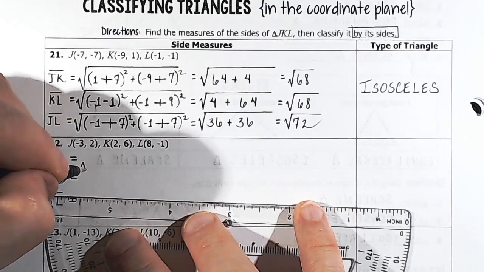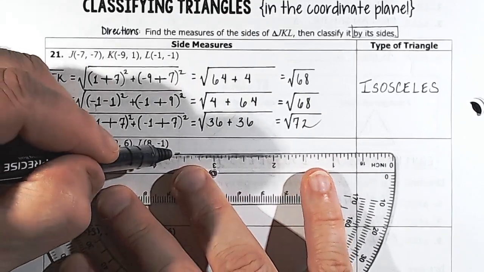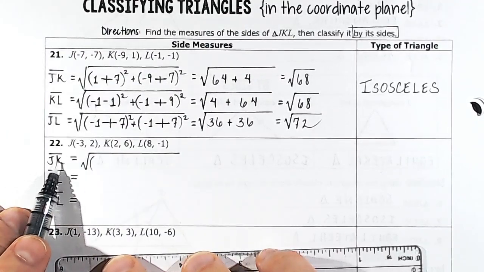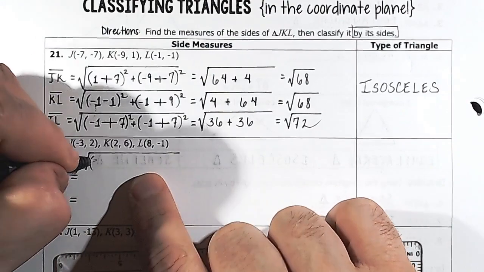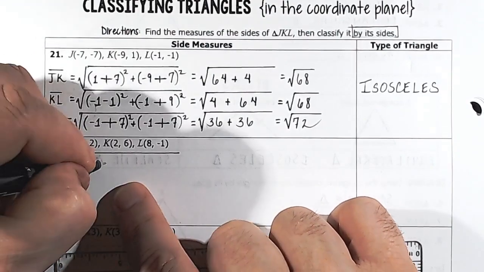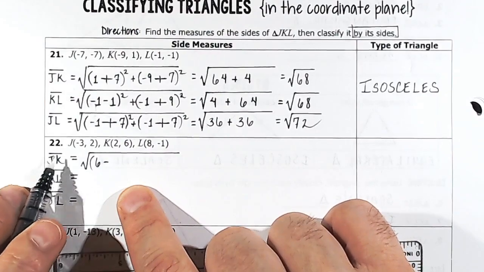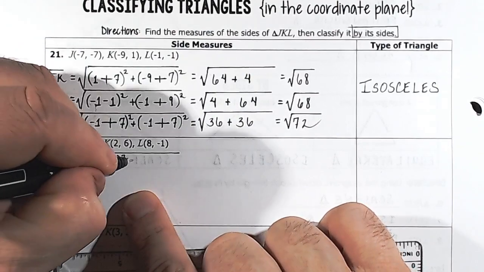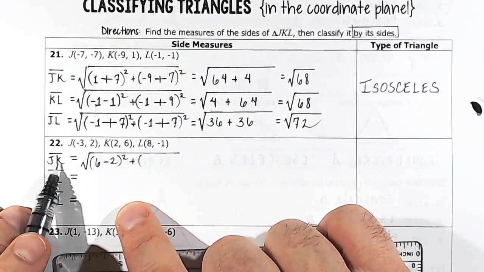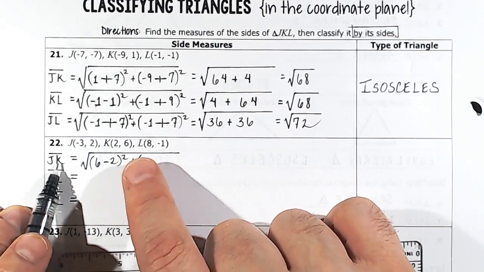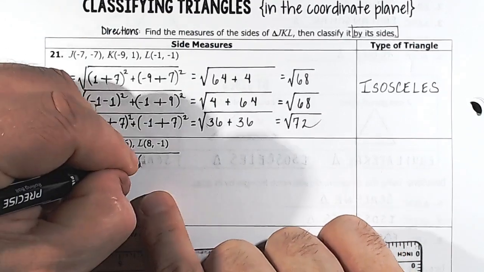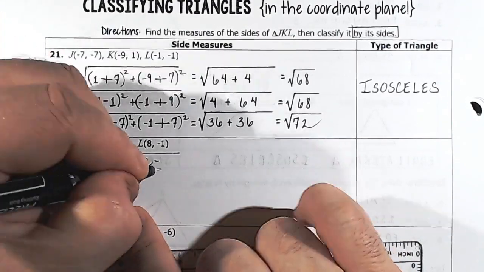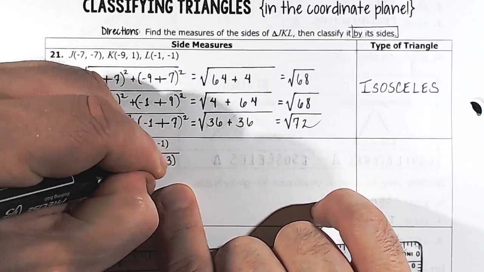So for JK, we'll have the square root. Okay, and now I'm going to look for the y value of the K coordinate, 6, minus the y value of the J coordinate, 2, squared, plus the x value of the K coordinate, 2, minus the x value of the J coordinate, -3, squared.